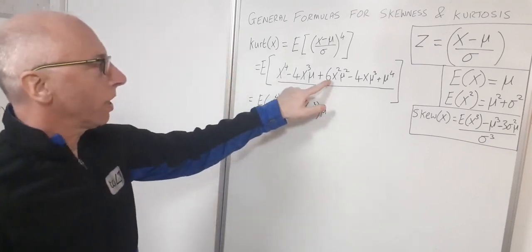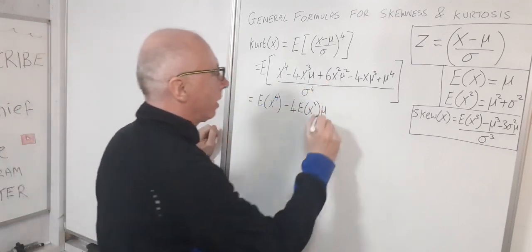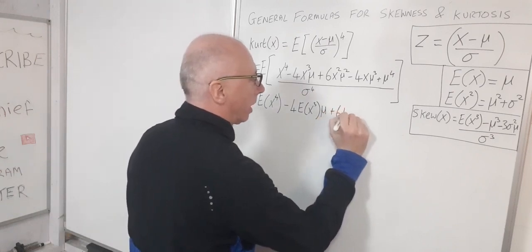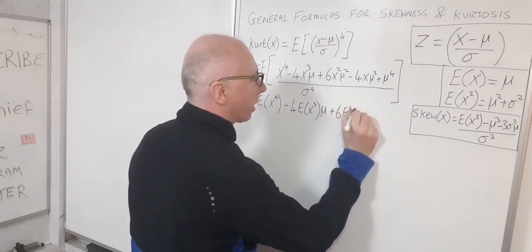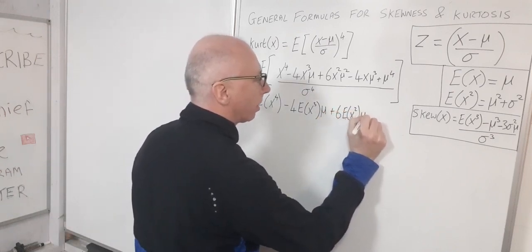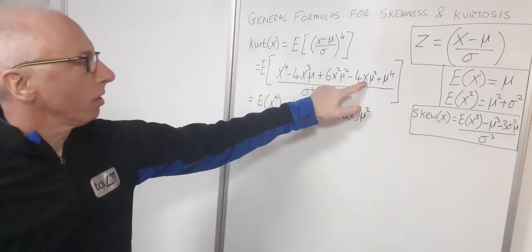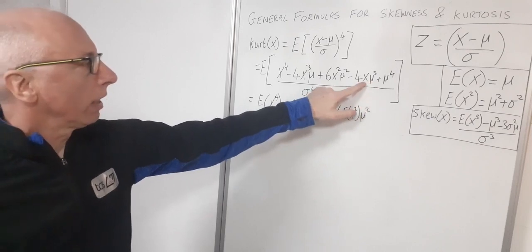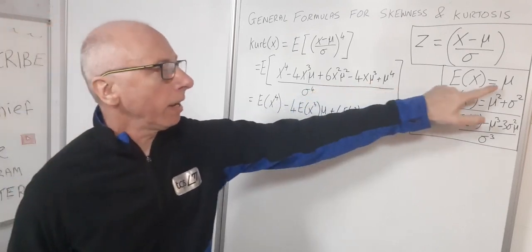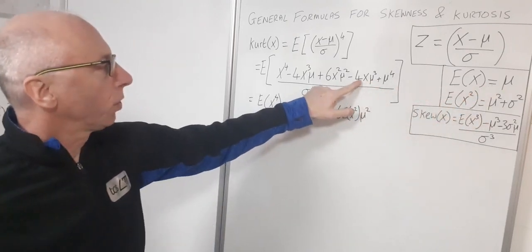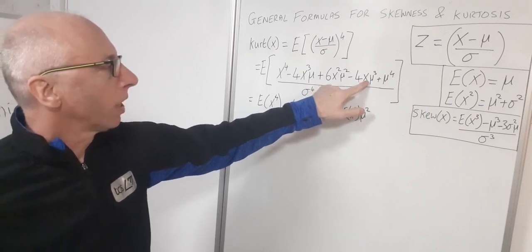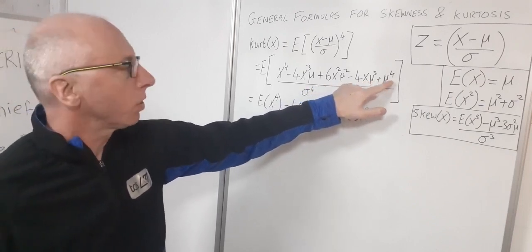This time we've got 6 times e of x squared, and that's going to be multiplied by mu squared. And we've got 4 times e of x mu cubed. Well, e of x, let's go straight in there with our mu. So that's 4 times mu to the 4. And then we've got plus mu to the 4.